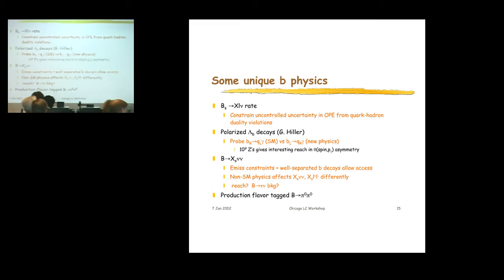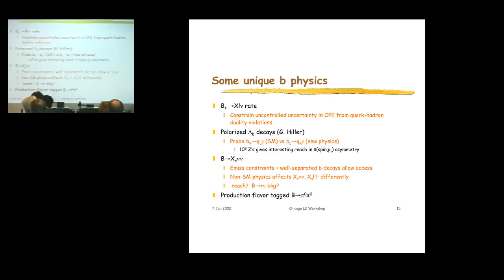GigaZ may also be one of the best places to actually try to measure B to X_s nu nu-bar. This will be affected quite differently than X_s l+ l- from non-standard model physics. The question is, we still don't know what the reach is or whether we control the B to tau nu background.